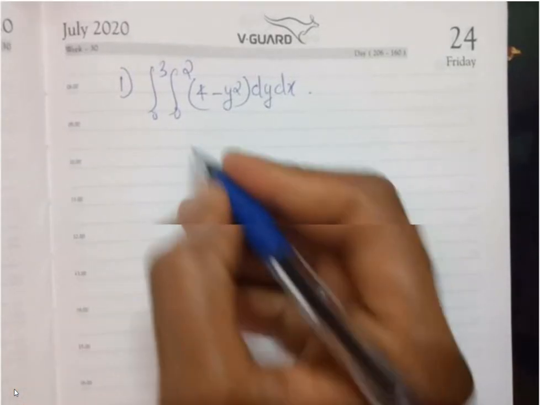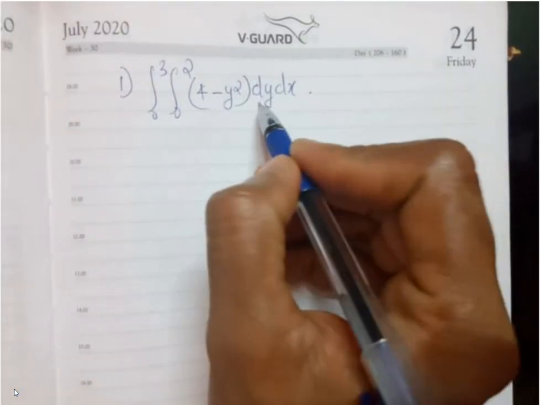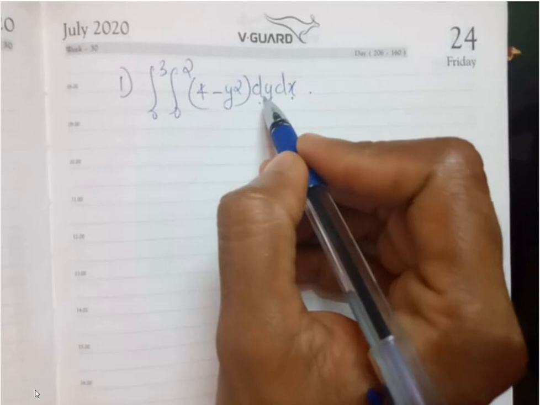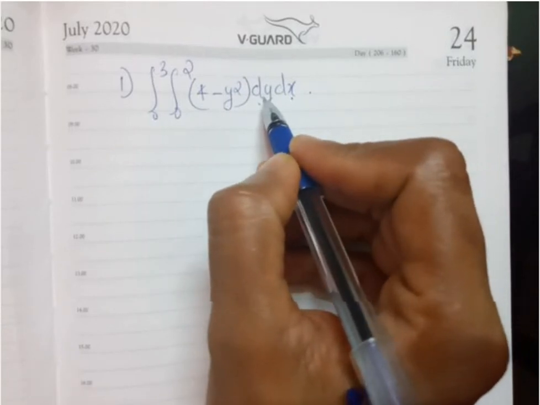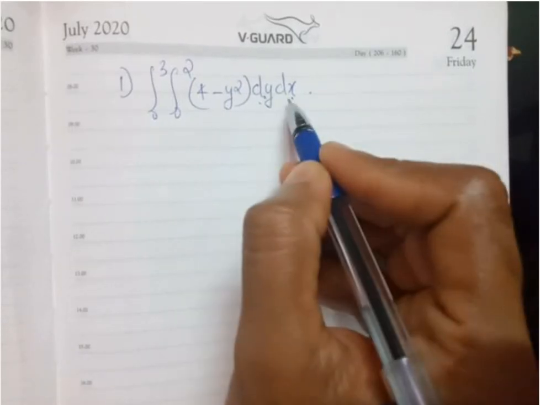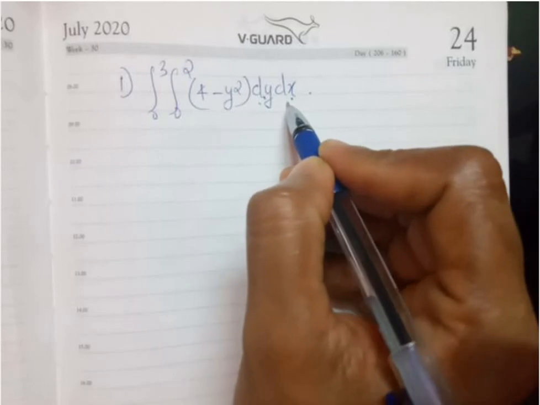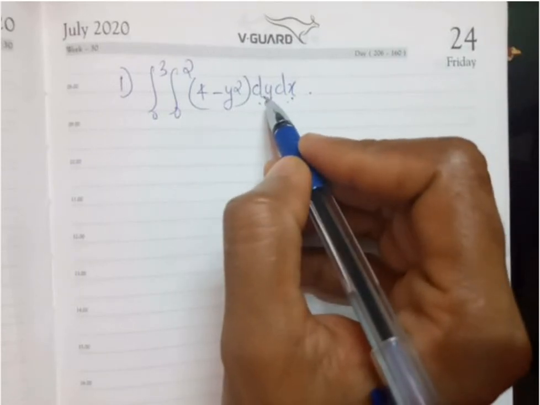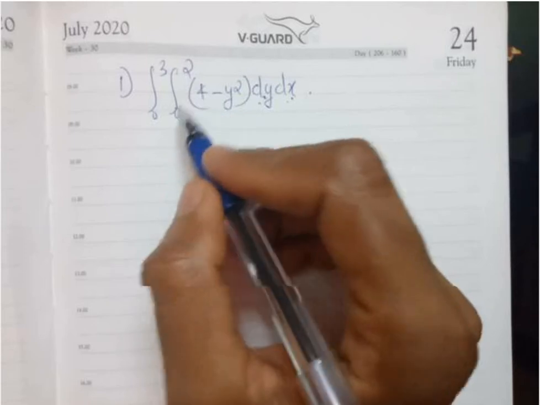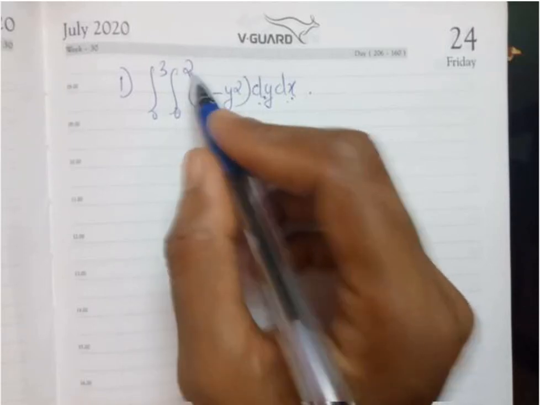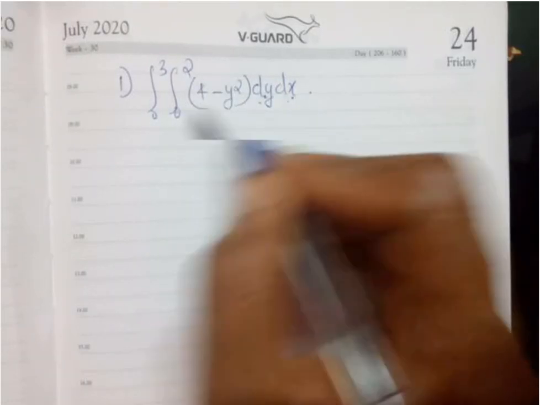In this, dy dx means first we have to integrate with respect to y, next integrate with respect to x. Corresponding to y, we have the limit of integration from 0 to 2, and corresponding to x we have the limit of integration from 0 to 3.